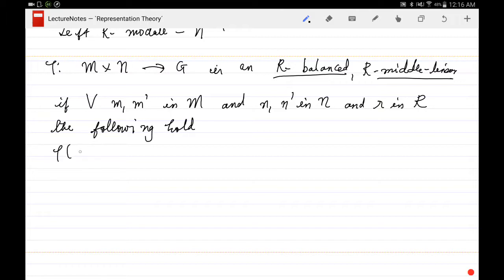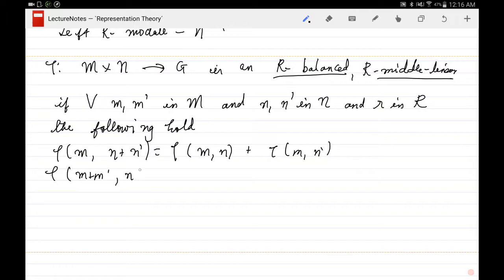Phi of (m, n plus n prime) is equal to phi of (m, n) plus phi of (m, n prime), and phi of (m plus m prime, n) is equal to phi of (m, n) plus phi of (m prime, n).